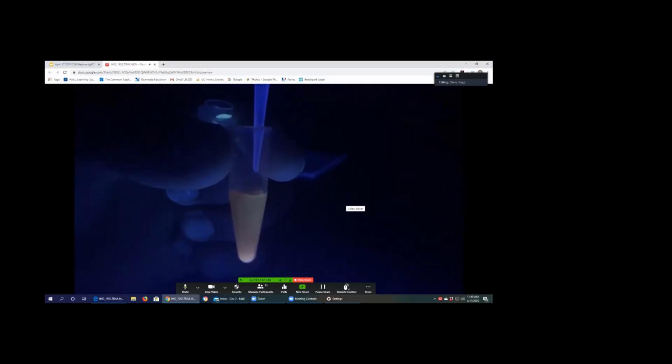So for things that are fluorescent, sometimes you can add a second chemical that will take away the fluorescence. It was bright, it will turn dark. So you'll see that here. That's the quencher that's been added, and as it mixes in, you can see it takes away the bright glow.